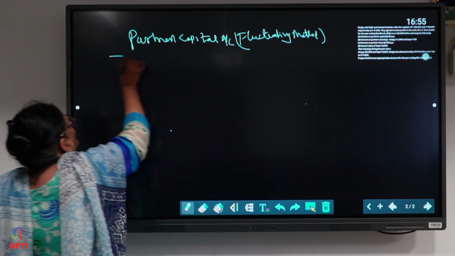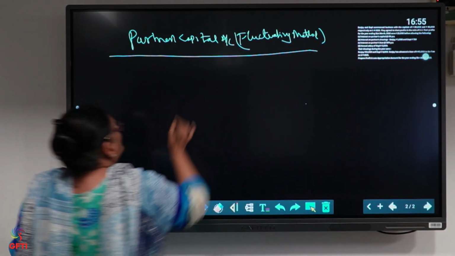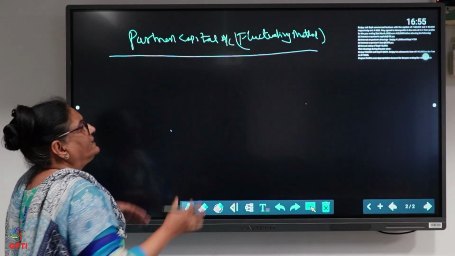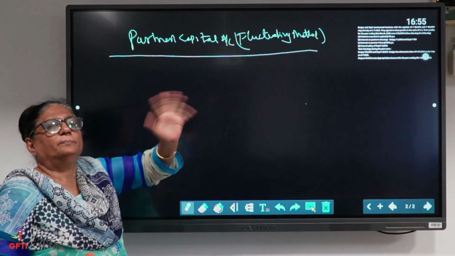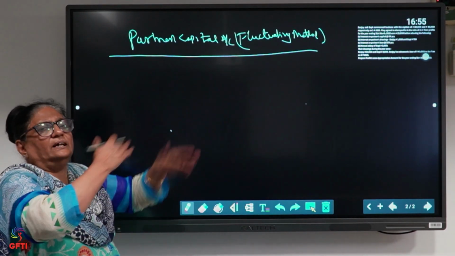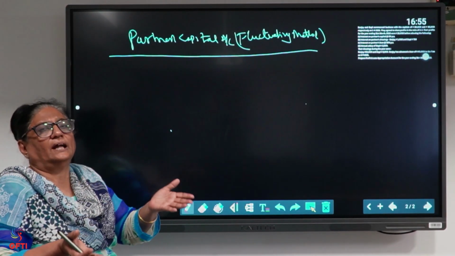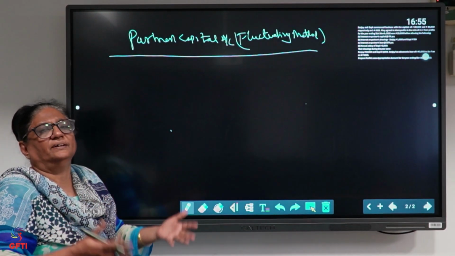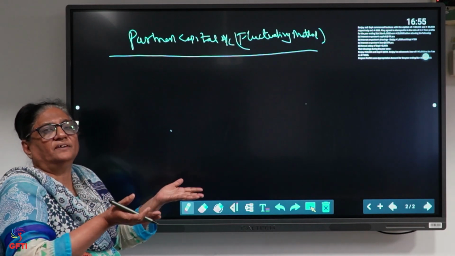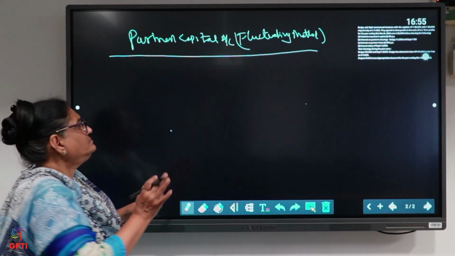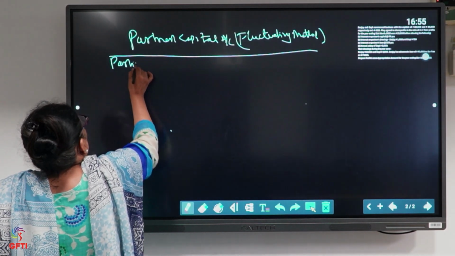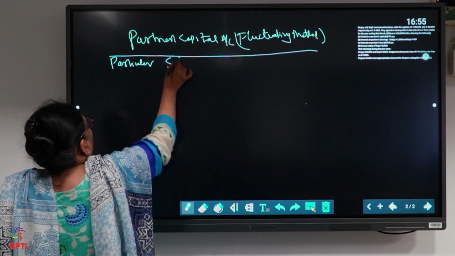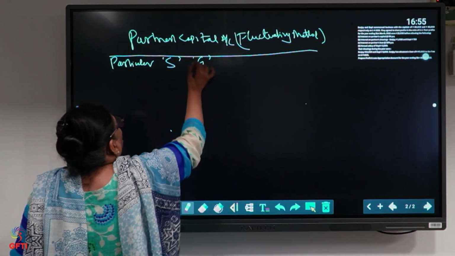Yes. So now what happens in partners' capital? Everything will be routed here. Whatever beginning capital is there will not be intact. It will fluctuate by the addition of interest on capital, salary, commission and share of the profit, less your drawings and interest on drawing. So particulars, Sanjay and Gopi.